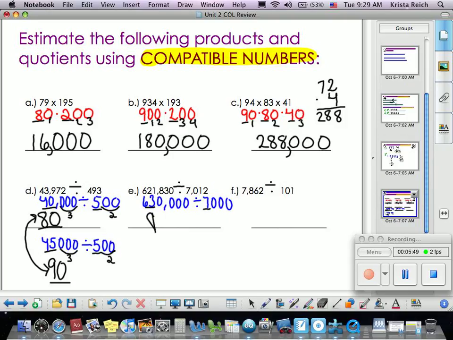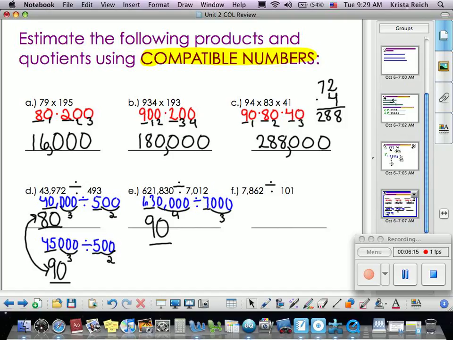Sorry about that. The kids know sometimes my smart board can act up. Okay, 7 goes into 63 9 times. We have 4 zeros here, 3 zeros here. 4 minus 3 is 1 zero. So 90 would be my best estimate for that one.